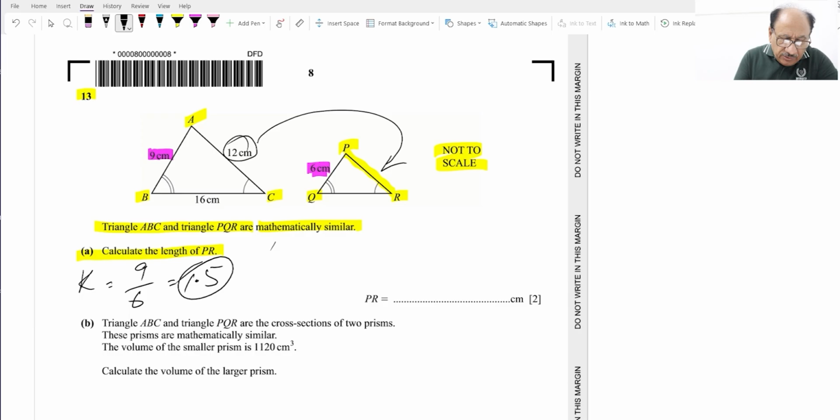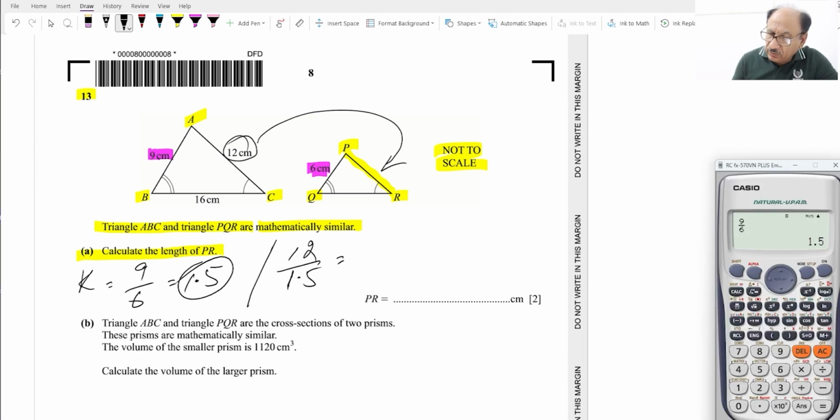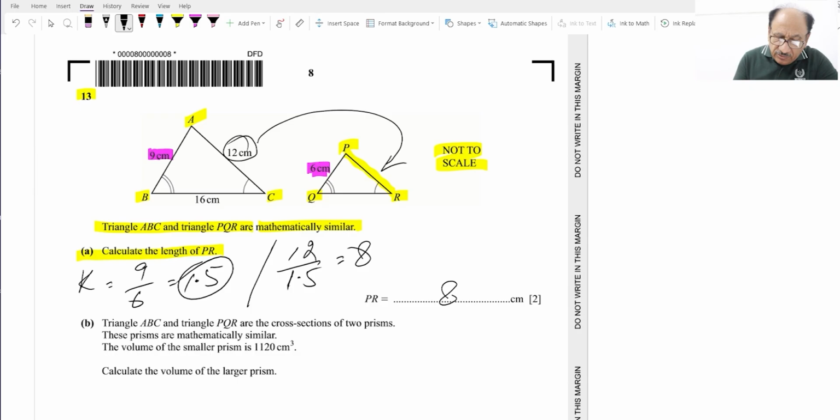So it will be 12 divided by 1.5, and this will be our required side. 12 divided by 1.5 is equal to 8. So 8 centimeters is PR, and this is a 2 marks question. The A part we are done with.